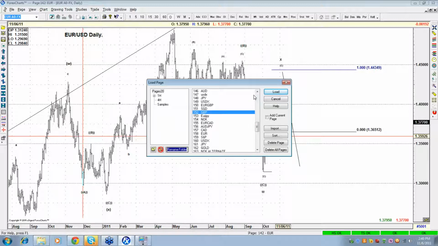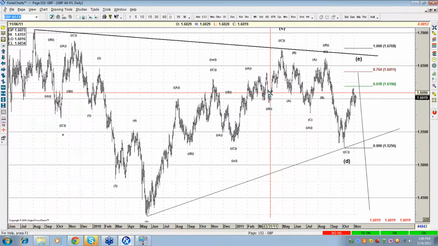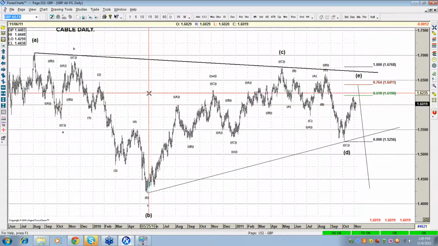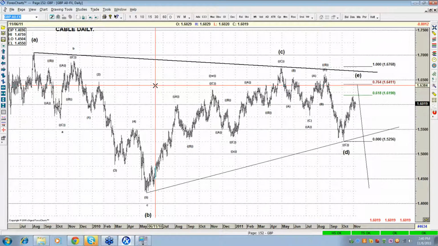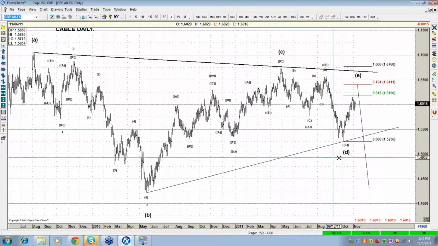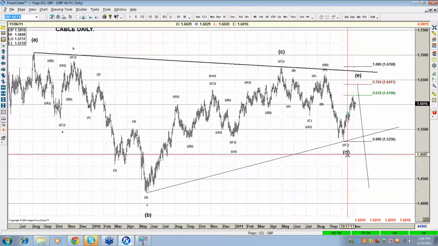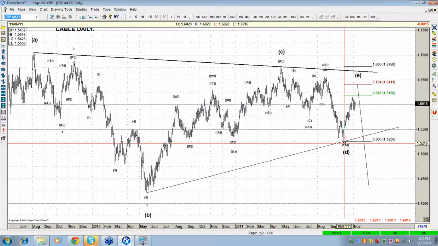On the daily, everyone knows that we've been using oil and cable as reference of the risk trade. So technically, we are playing the idea that the D-Wave ended right here.